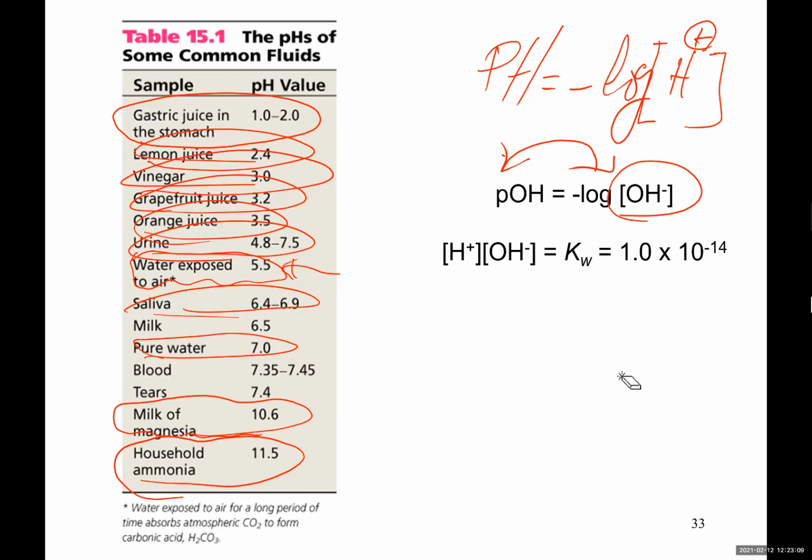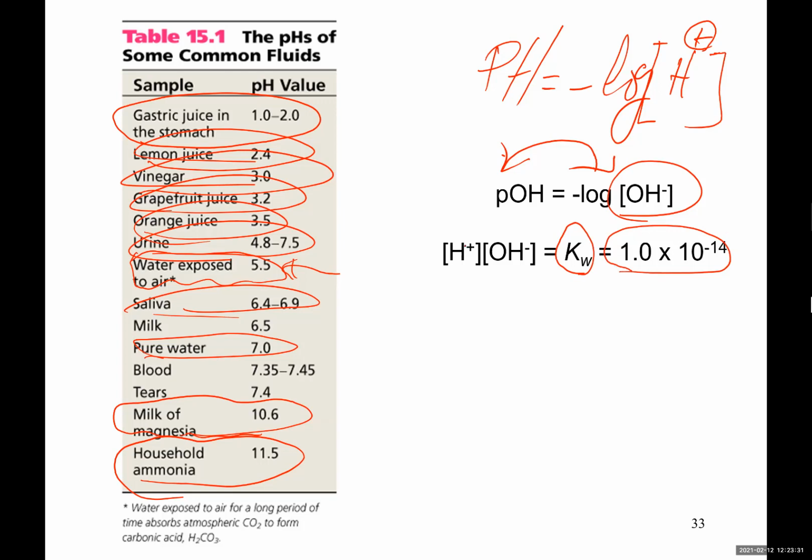We also told you that the value of the equilibrium constant for autoprotolysis, the exchange of hydrogen ion between two water molecules, at room temperature is 1.0 times 10 to minus 14.